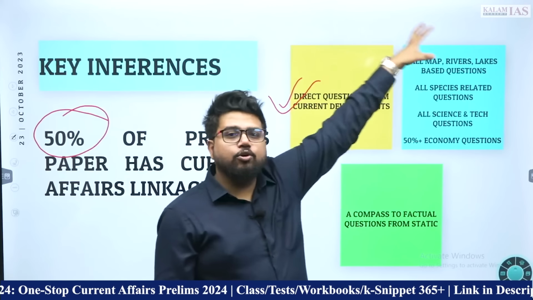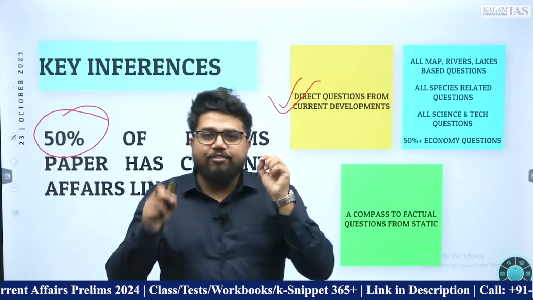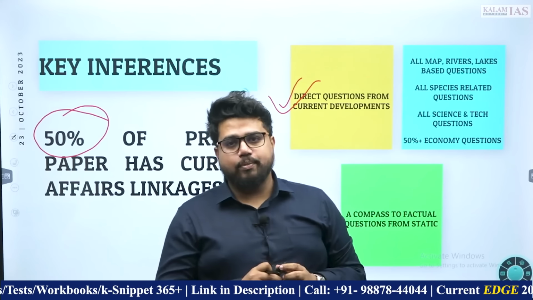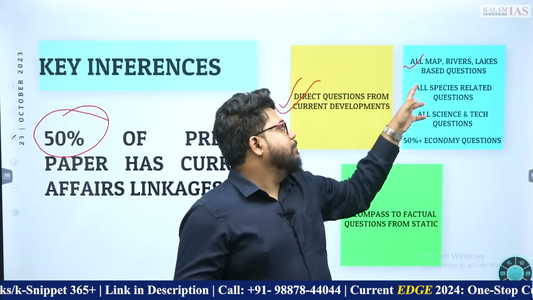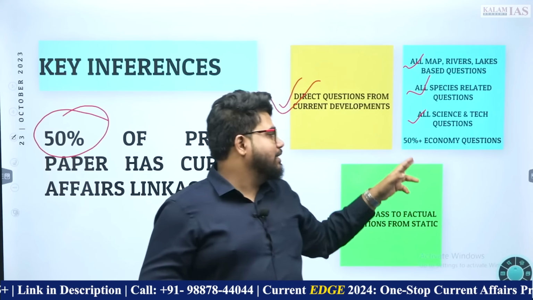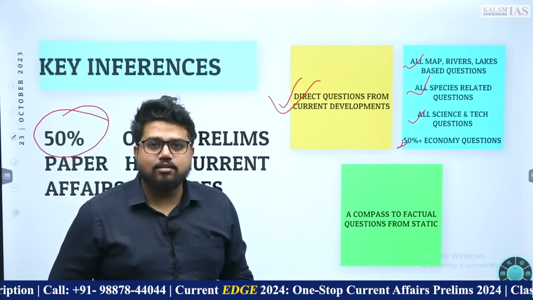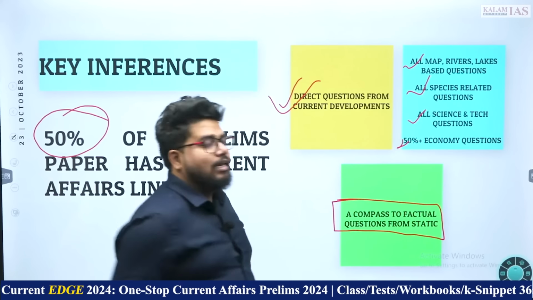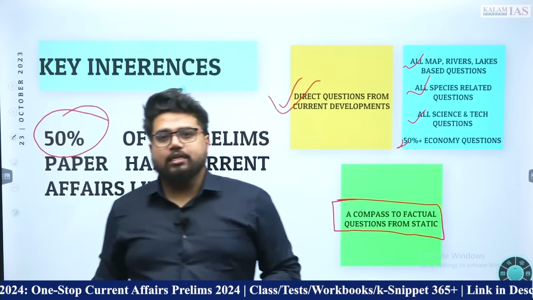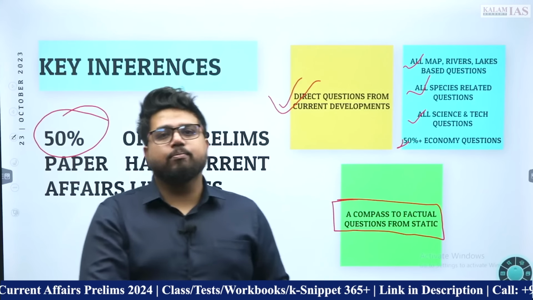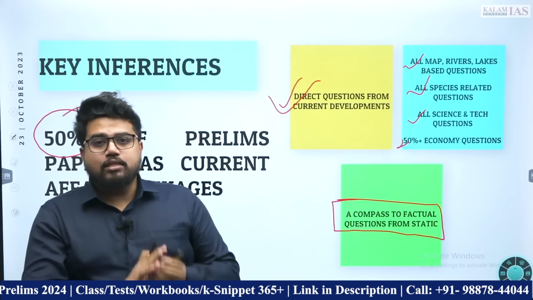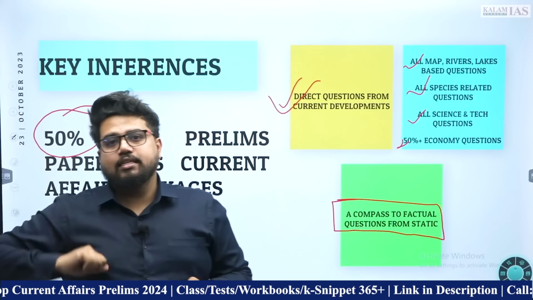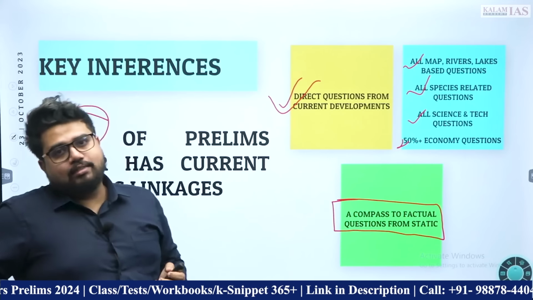You have to go into each and every subject. Even static-type questions from other subjects have some underlying current developments, similar to the map questions, species questions, science and tech questions, economic questions, etc. And moreover, current affairs should be your guide to analyze which facts to give importance to and which facts not to give importance to. So that's the whole analysis of the 2023 prelims and the 2023 current affairs sessions we have run.